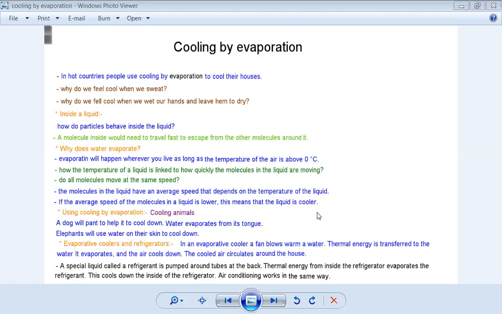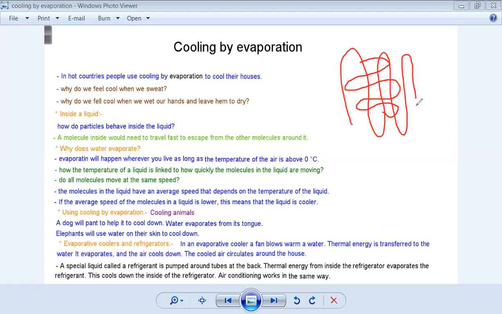What about the refrigerators? A special liquid called a refrigerant is pumped around tubes at the back. We all know the back of the fridge, we have pipes like this, and sometimes like this. These use a special liquid inside them that circulates around inside these pipes.